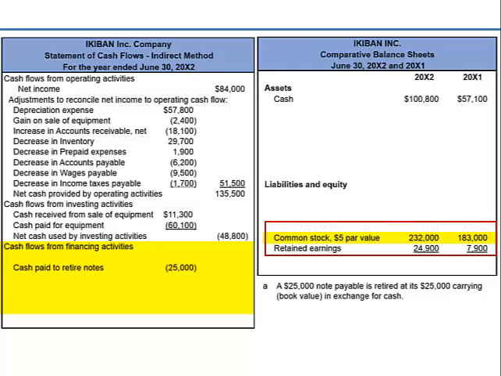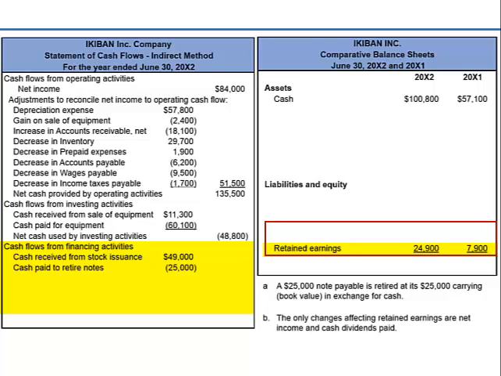The balance in the common stock account increased. We must have issued additional shares of stock. Since the company does not report any paid-in capital in excess of par, the amount of the cash received from the stock issuance must have been equal to the change in the par value, $49,000. The only account remaining is retained earnings. We're told that the only changes affecting retained earnings are net income and cash dividends paid.